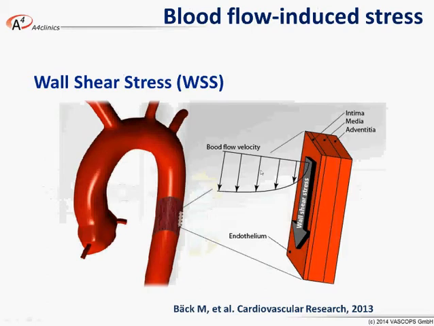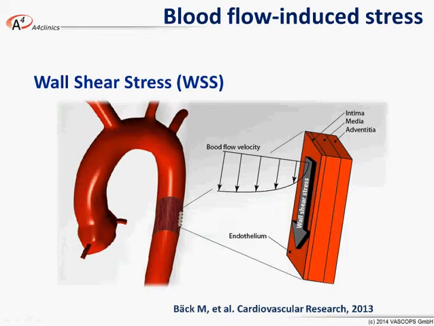So now, what is this concept good for? There we first look at blood flow-induced wall shear stress. Blood is a viscous medium, and the viscous medium is going to develop a kind of parabolic flow profile if it flows over a wall. This parabolic profile induces wall shear stress sensed by the endothelial layer here.